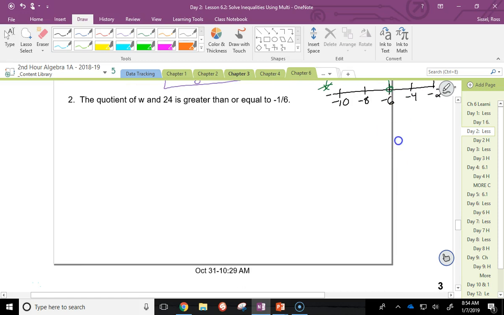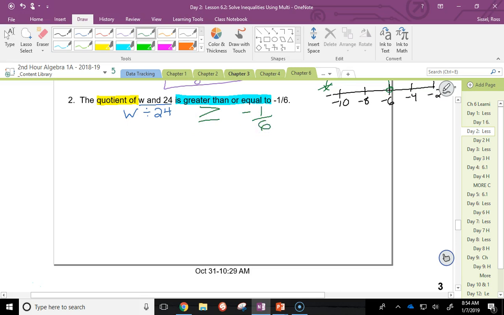We'll do another one. So, we break it down slowly. The quotient of, so we put it in order. W divided by 24. The quotient of W and 24, W divided by 24, is greater than or equal to negative 1/6.